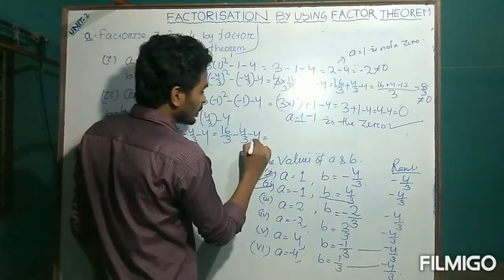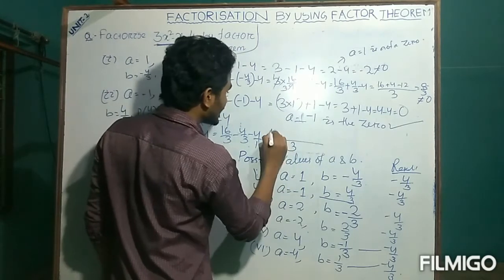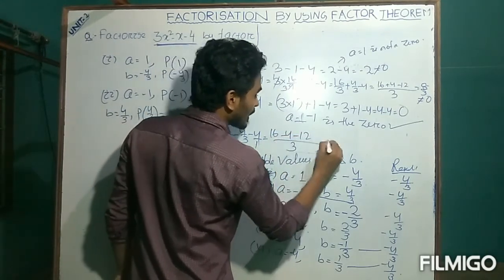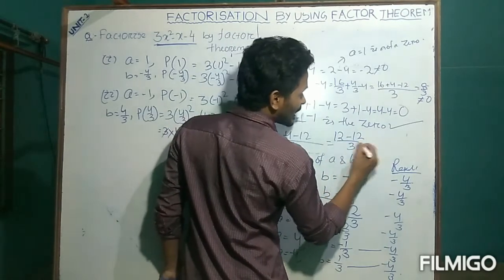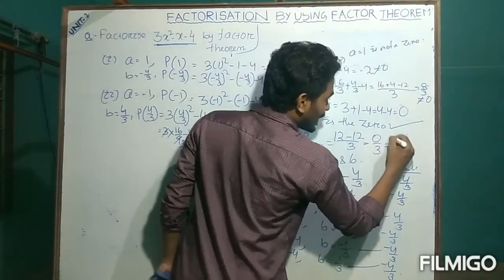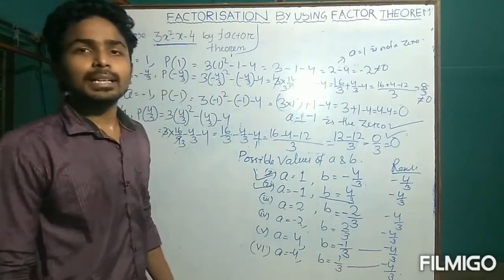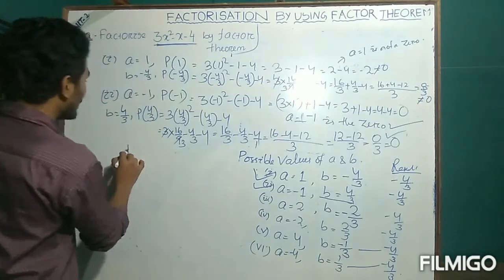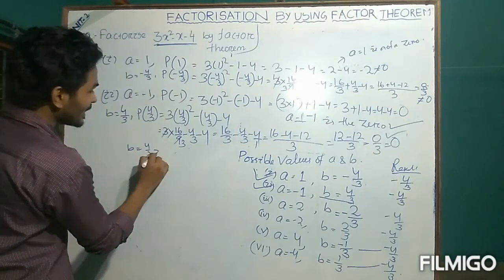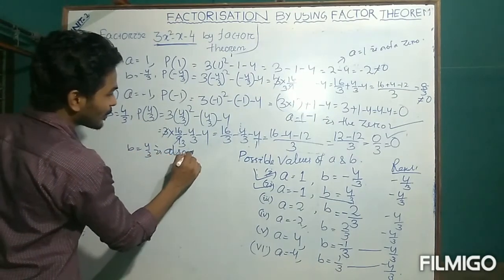The LCM will be 3, so 16 minus 4 minus 12, 16 minus 4 is 12, minus 12 by 3, that is 0 by 3, and here we get 0 again. That means p of 4 by 3 is also 0. Then we can say b is equal to 4 by 3 is also a 0.